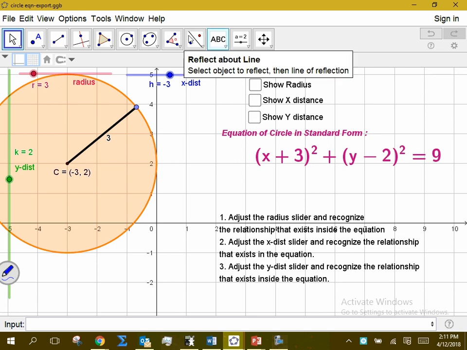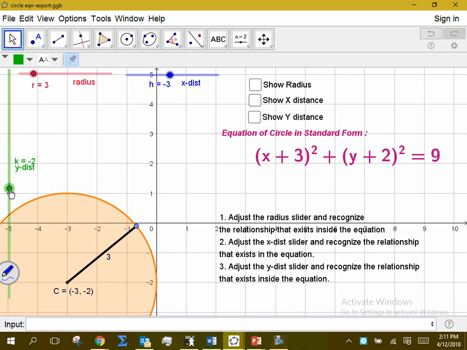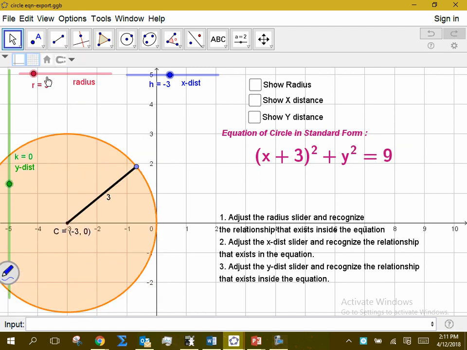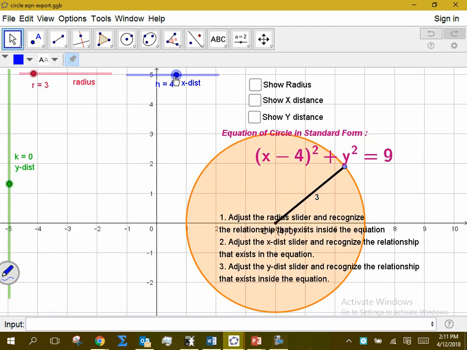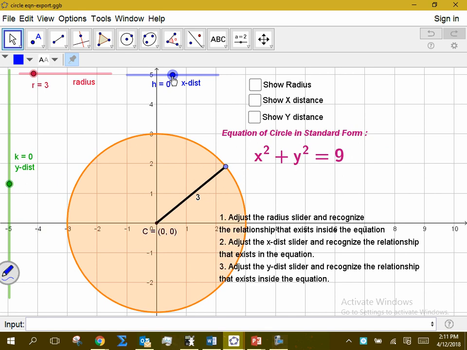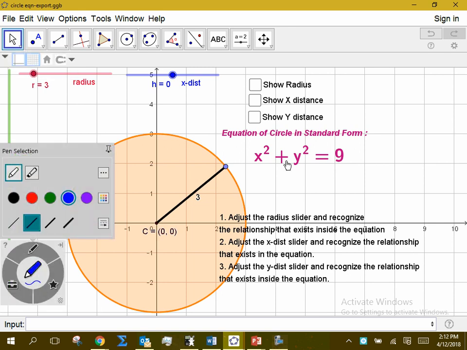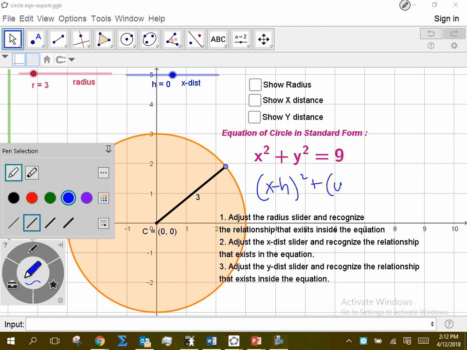One of the goals or tasks of this section is to be provided with some components of a circle and then write the equation. Right now, every equation that we write is going to be of the format x minus h squared plus y minus k squared is equal to r squared.